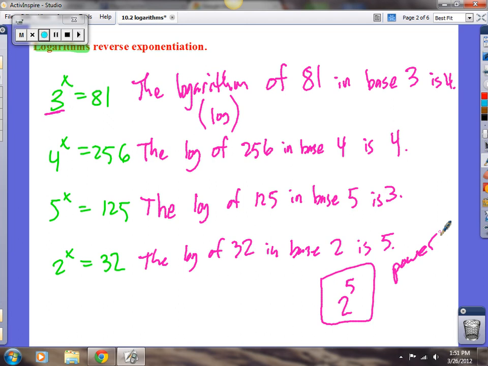What's the 2 of the power? 2 is the base. What's the name of the 5 position? Exponent. So the base is going to be easy. The base is just referring to the base of the power.